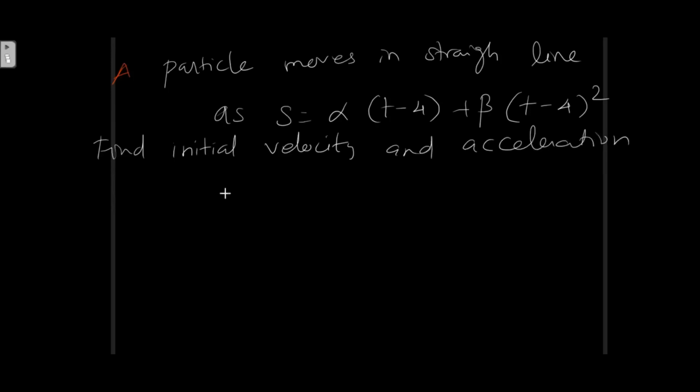Clear? Initial means t equal to 0. At t equal to 0, what is the velocity? What is the acceleration? For velocity, we need s as a function of time.